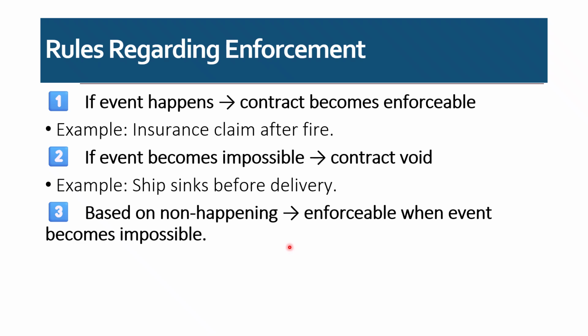The third one is when the contract depends on the future conduct of a person, or if the event becomes impossible. So here the contract is considered void. For example, ship sinks, law changes, person involved dies. These rules ensure that contracts depending on uncertain events are fairly enforced.